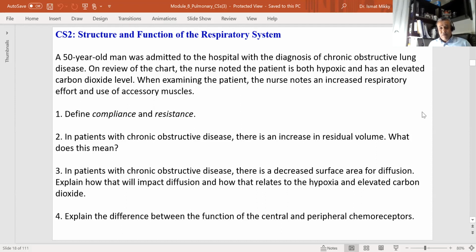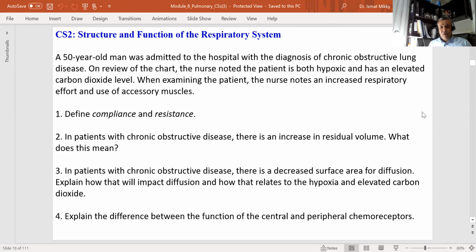So the elasticity of the lung tissue is also an important factor, because the loss of that elasticity will decrease the actual surface area needed for the exchange of gases to take place between the alveoli and the pulmonary capillaries. And that will lead to hypoxia and hypercarbia.